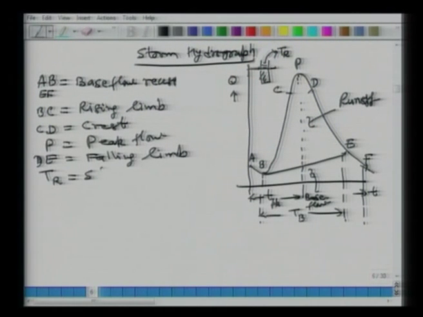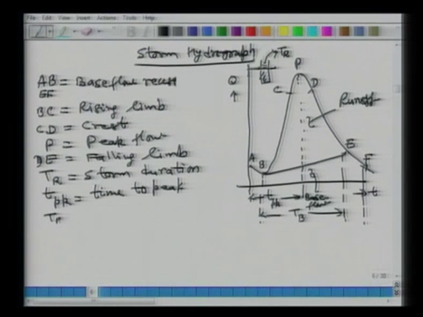TR is the storm duration for the hydrograph, TPK is the time to peak, and T subscript B is called the time base of the hydrograph.